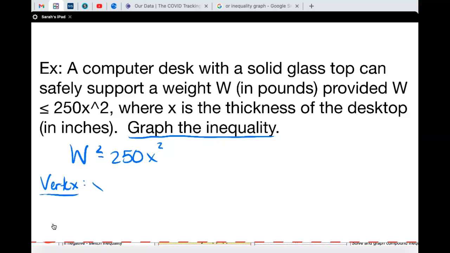So vertex, we're still using that formula negative b over 2a. So in our case, we don't have a b value because we don't have an x term. So the b is just 0. And then a is 250, which seems crazy, but 0 divided by any number, doesn't matter what it is, it's just 0.